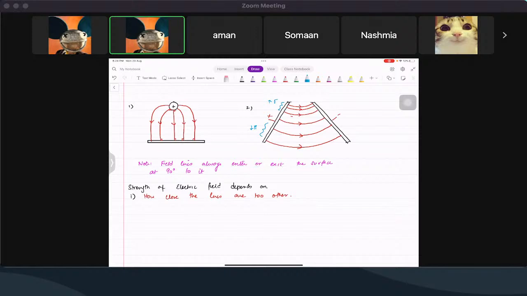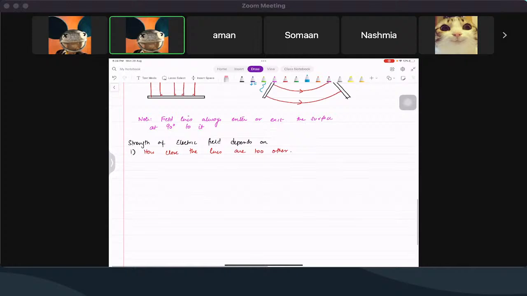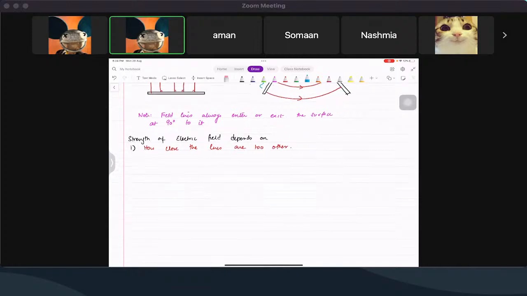Now, before we go further, I just want to explain a few more things. And one of those things is the derivation of acceleration in an electric field. And this is so important.